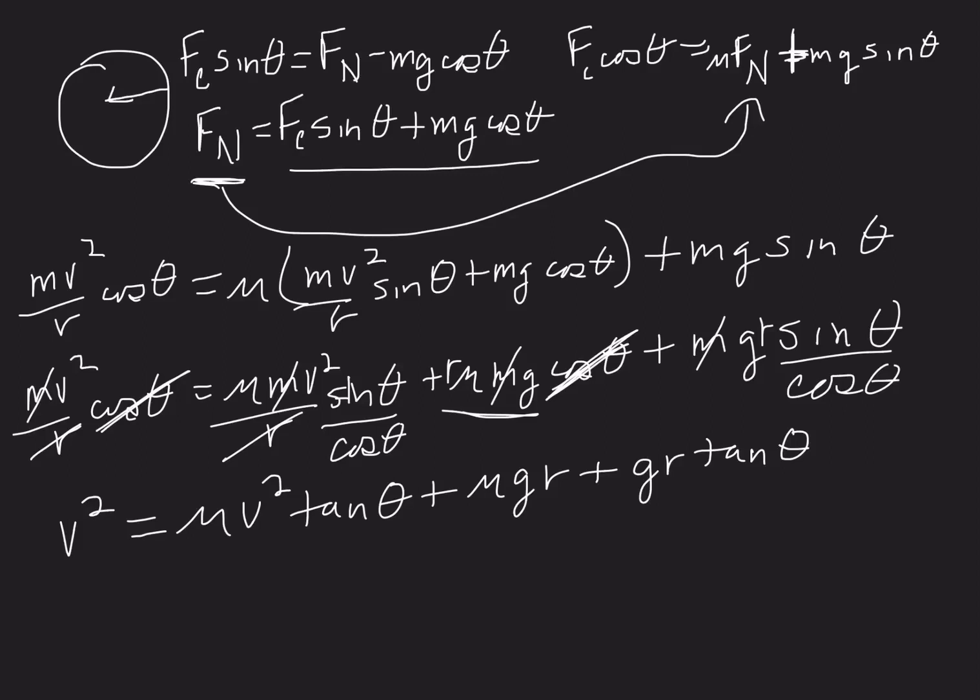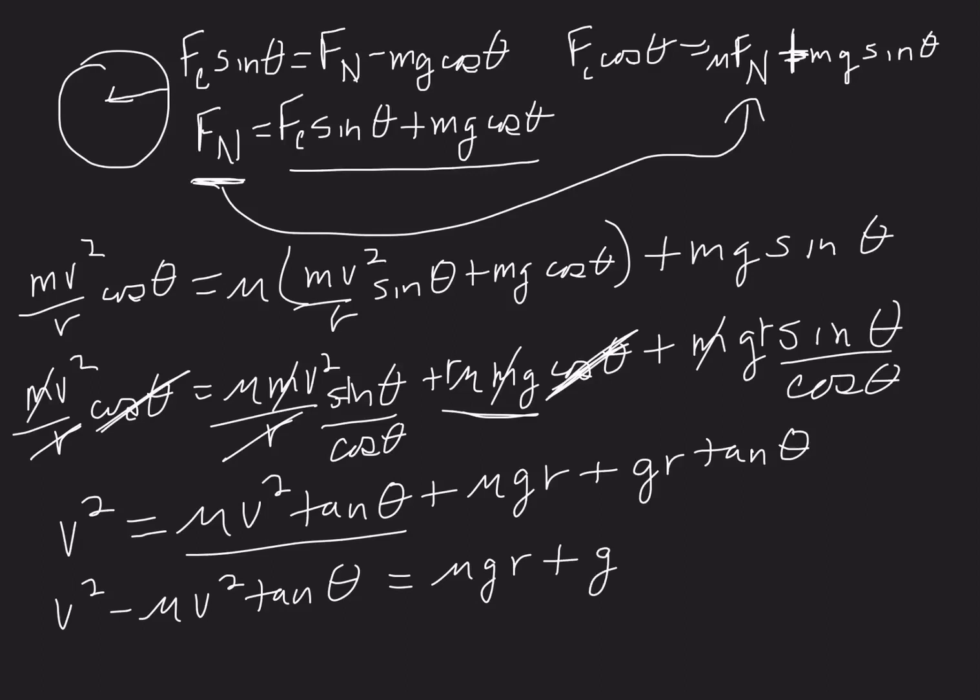I'm going to do some kind of weird things here, though. I'm going to take this term over on the other side. So I'm going to have v squared minus mu v squared tangent theta equals mu gr plus gr tangent theta. Okay?